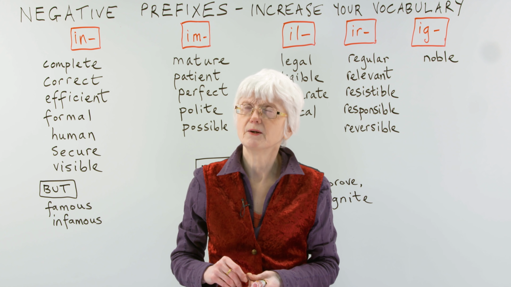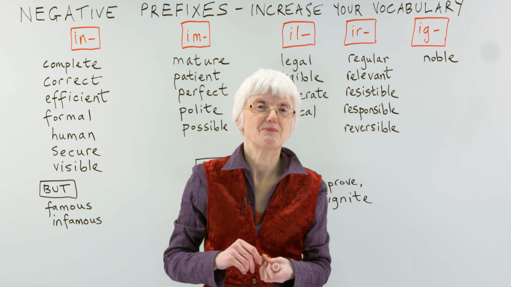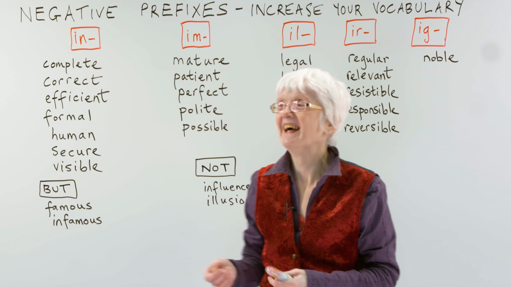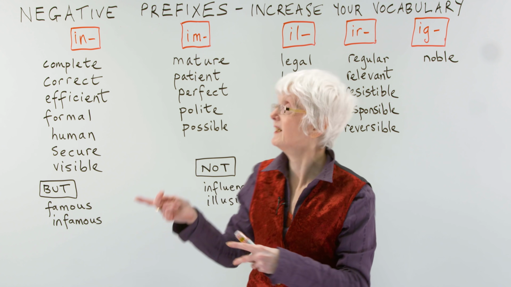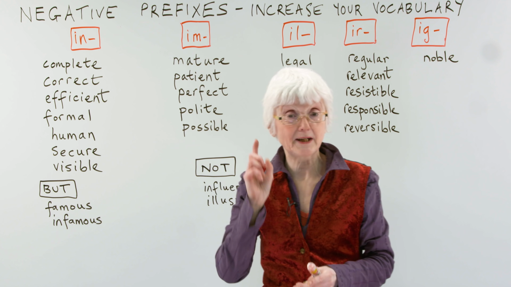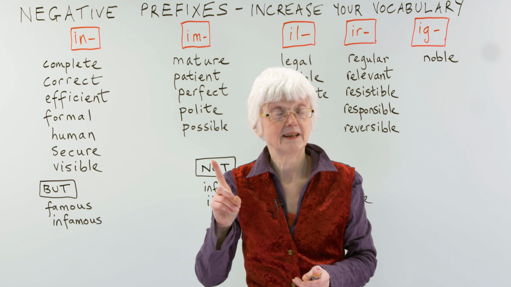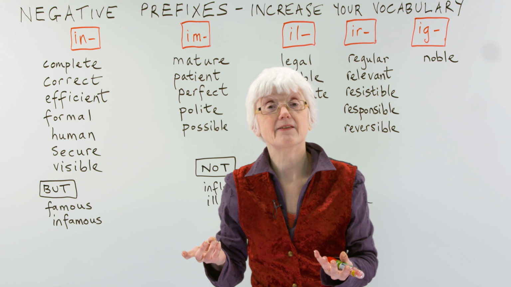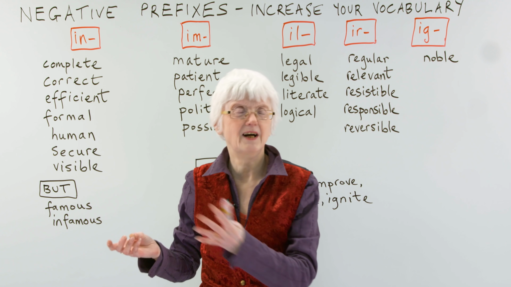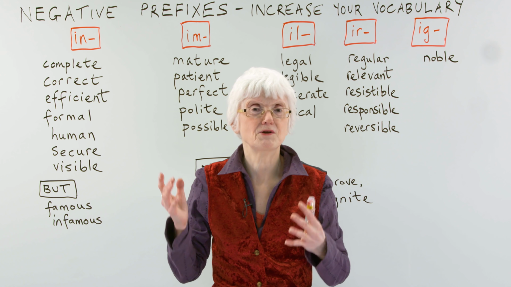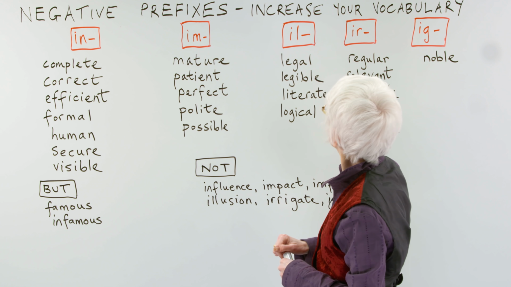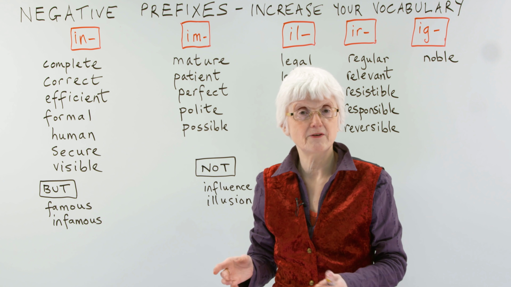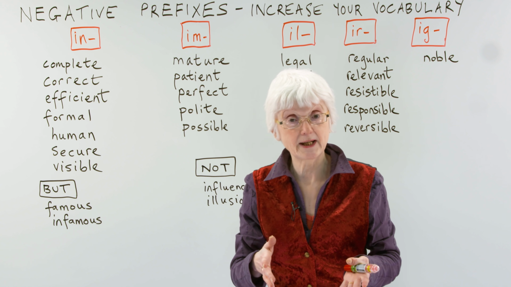Does that add up to 12? Yes. The reason we have 5 here and 7 in the other one is that all of these begin with the letter I, so we've put these together, but the other 7 are all different. So let's have a look at these. Increase your vocabulary by using a negative prefix.